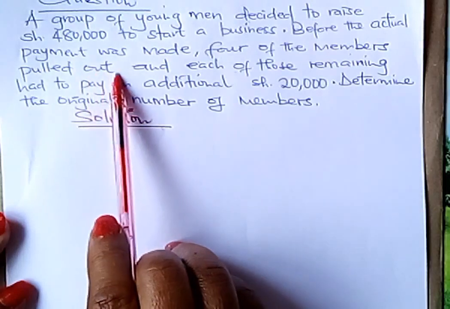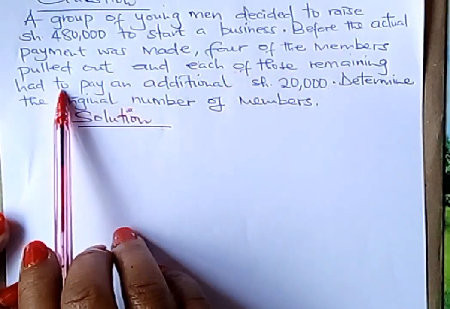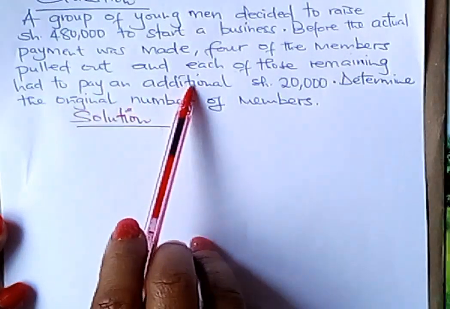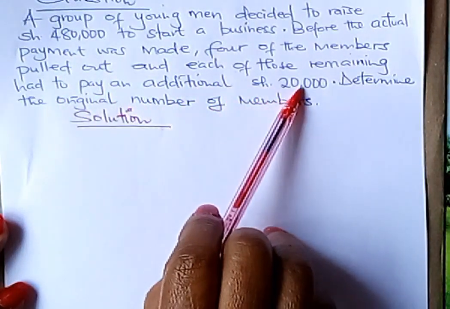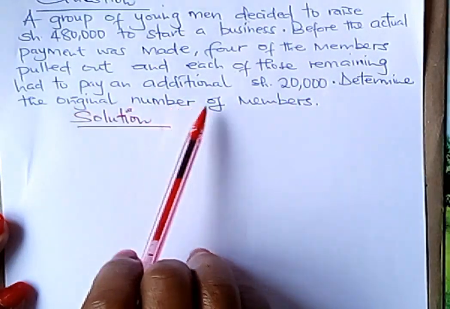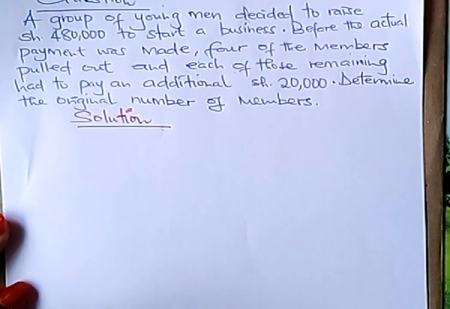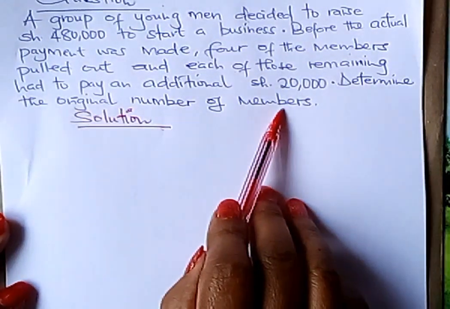They withdrew from the group. And each of those remaining, therefore, had to pay an additional shillings 20,000. Determine the original number of members.